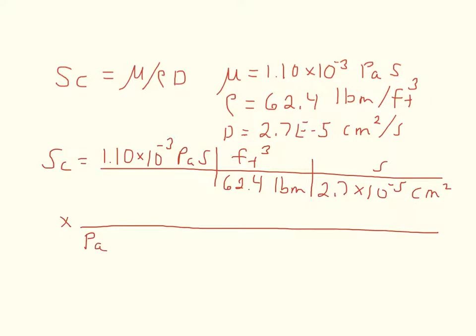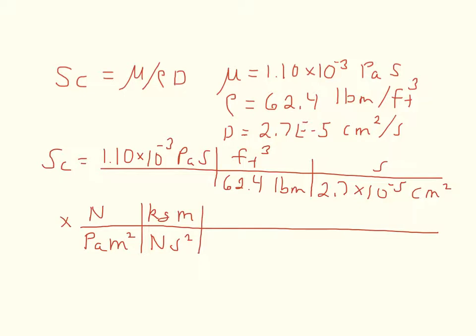I write it in the denominator so it cancels with the original pascals, is a Newton per square meter. The next thing we can do is take care of the newtons using the G sub C. So a Newton is a kilogram meter per second squared.